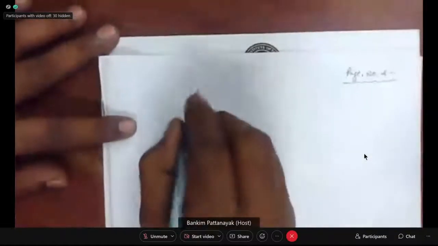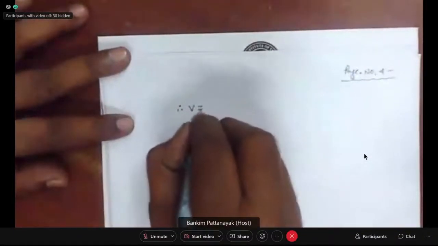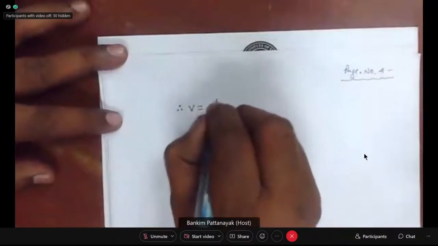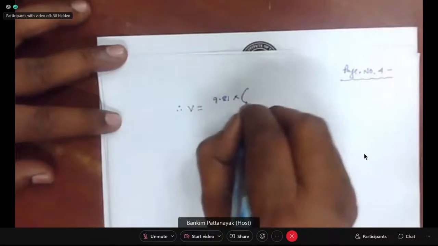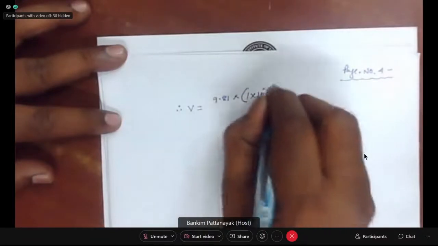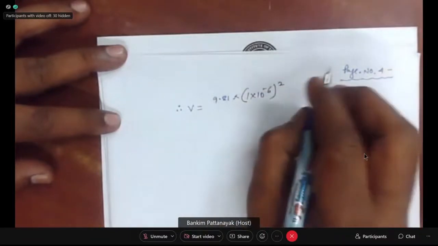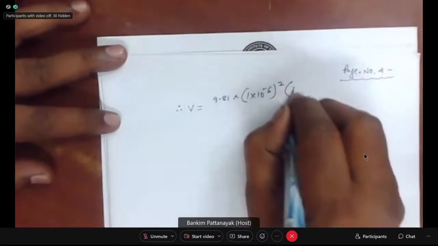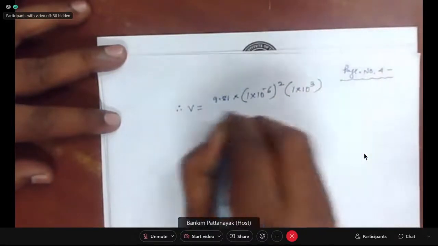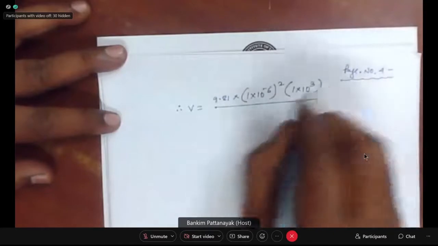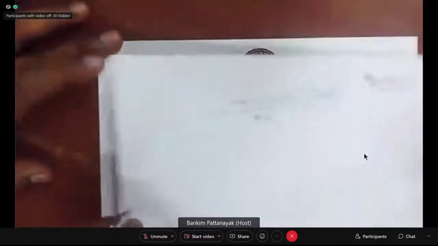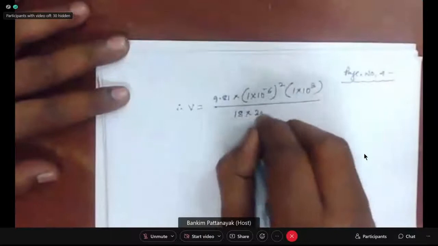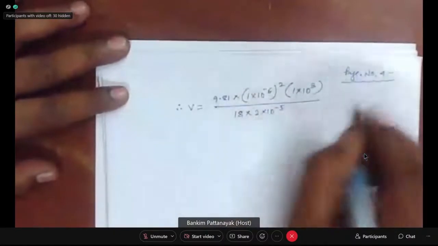Therefore V is equal to 9.81 into 1 micron, which means 1 into 10 to the power minus 6, squared, this is dp square, into rho p minus rho a, which is 1 into 10 to the power 3, divided by 18 into mu, which is 2 into 10 to the power minus 5.